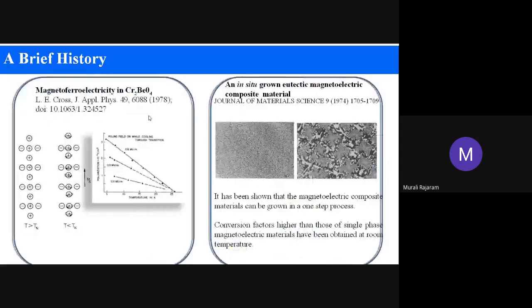So this was the first single compound on which the magnetoelectric coupling was proved, by the famous ferroelectric researcher L.E. Cross. Okay, so this is the Néel temperature. This is chromium, Cr2BeO4, which is antiferromagnetic below 25 K. This is the Néel temperature.